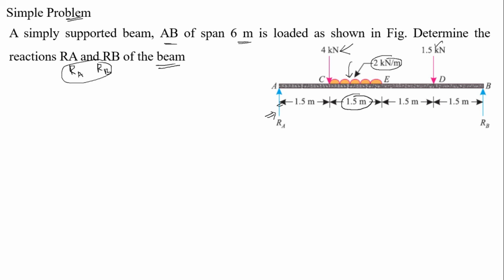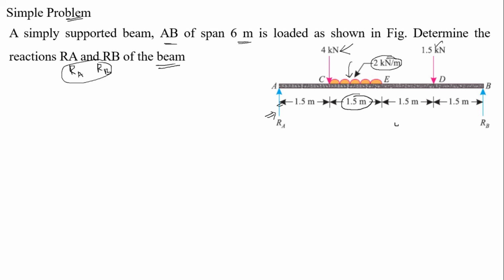So now a point load is there. For this problem, we have a combination of point load and uniformly distributed load. If a uniformly distributed load is there, then we have to convert that UDL into a point load. So 2 kilonewton per meter is distributed along the length 1.5.